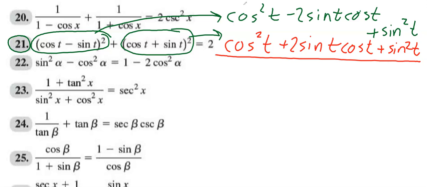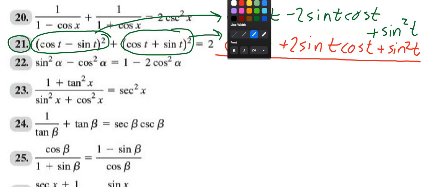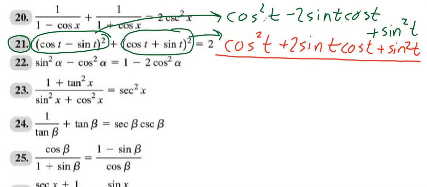And then last? Okay, help me add those two things together. This and this. Let me write it up on the big screen. So what do you get in the first part here? 2 cosine squared t.